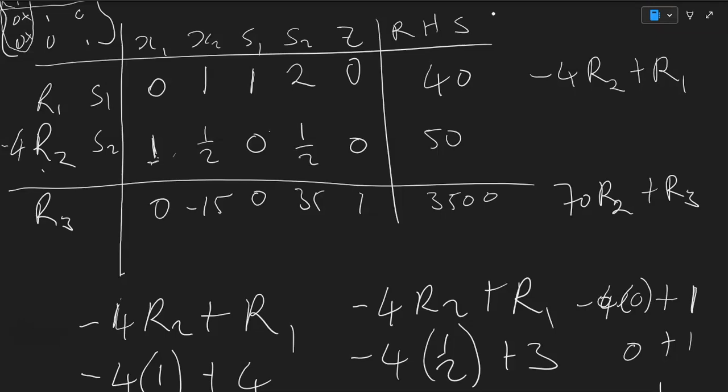So you realize that now the previous stage we had -70 and -50. -70 was the most negative, and that gave us the pivot column. In this case, in the third row, which is the objective function, the most negative is -15. That is the most negative. Okay, we then have our new pivot column.